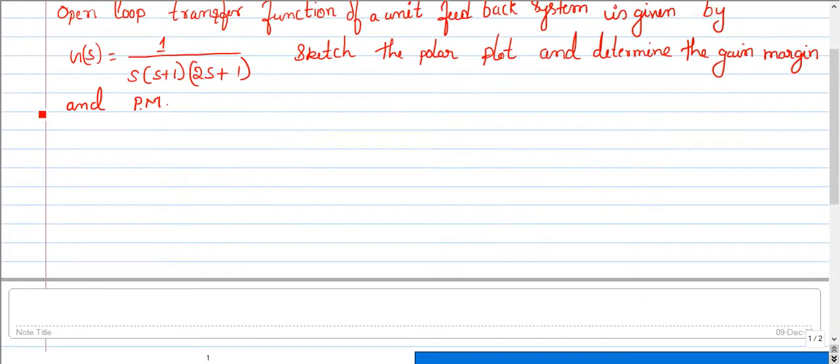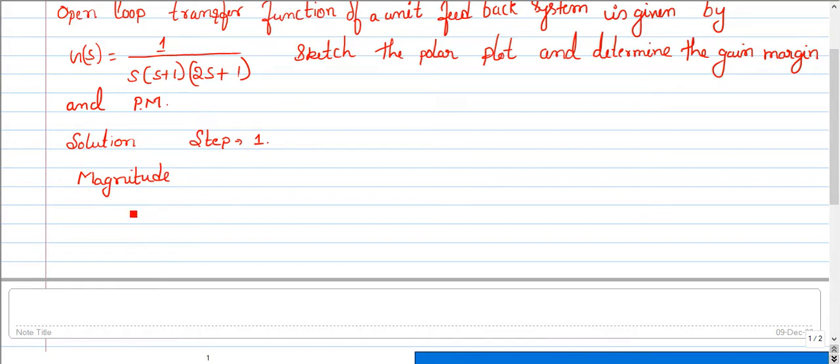So step 1. Here we need to write a standard equation for magnitude as well as for phase angle. So let me write the standard equation for magnitude by considering the given G of s.